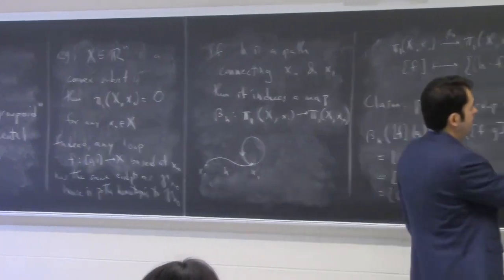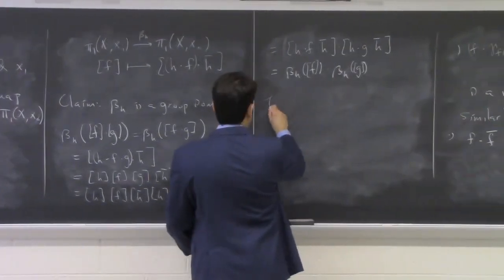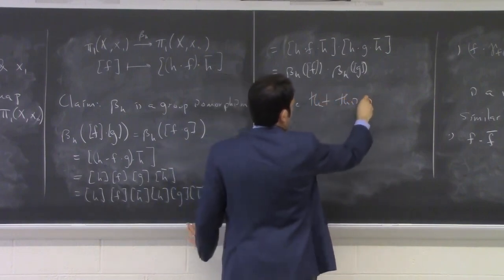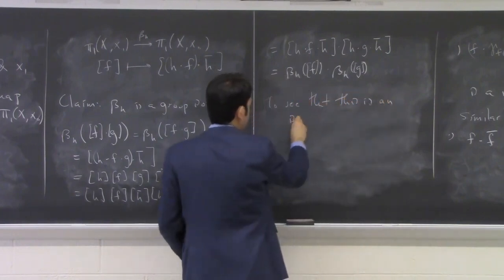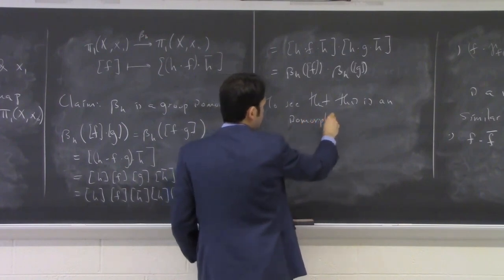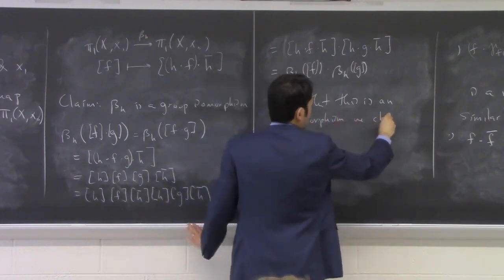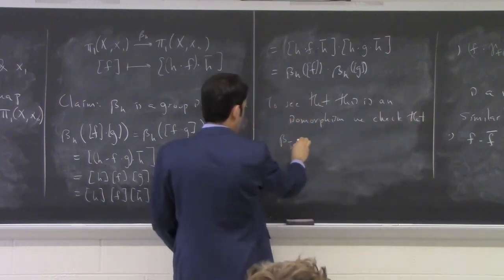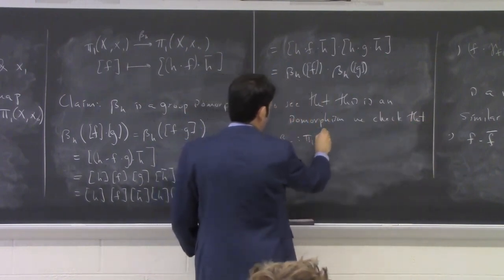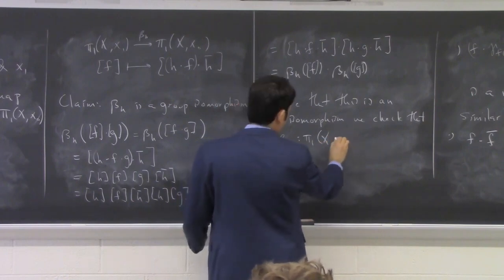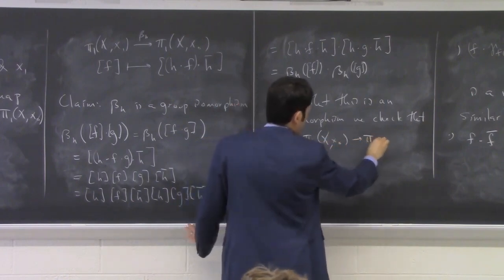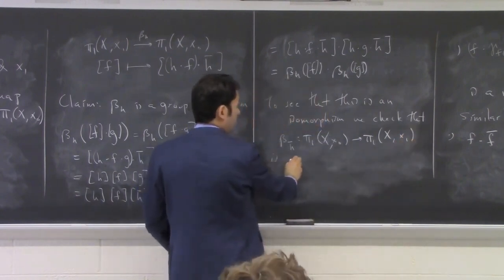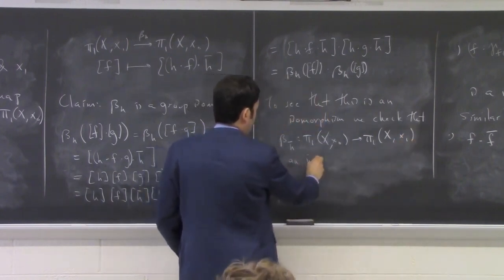All right, so to see an isomorphism, we check that beta h bar, which goes from pi 1 of x at x0 to pi 1 of x at x1, is an inverse.